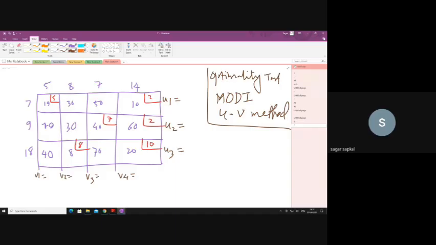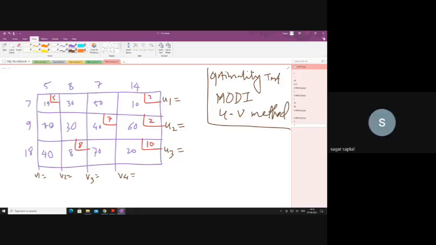Now how to find the U_i and V_j values? Consider one of the U_i or V_j values as 0, preferably the one having the most occupied cells. In the first row, how many occupied cells are there? 2. Second row, 2.